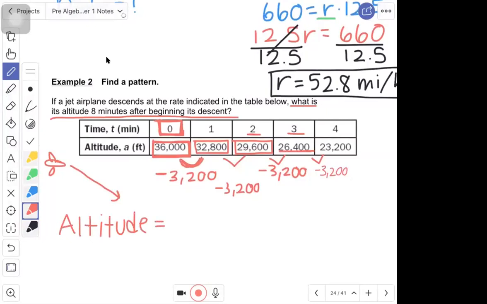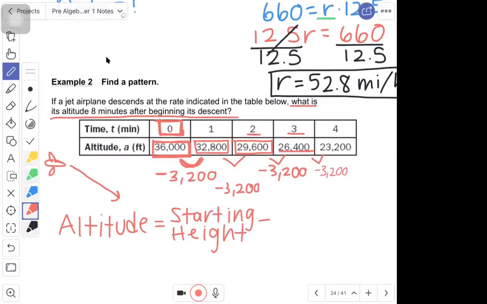And our altitude will be our starting height, what we started at, minus what we're descending every minute.